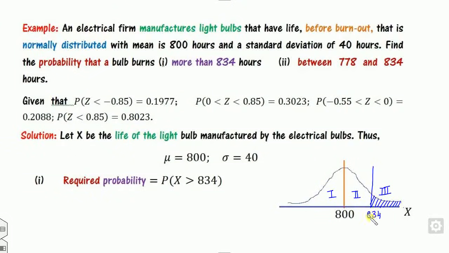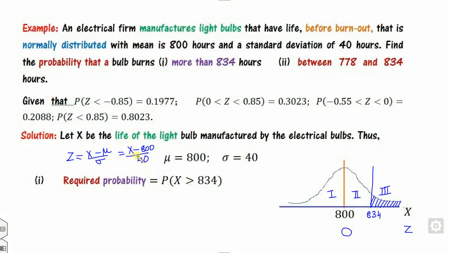Once you are finding this, then calculate the value of z. Always z is x minus mu divided by sigma. Mu is 800, sigma is 40. So corresponding to x, z for this value is always 0.